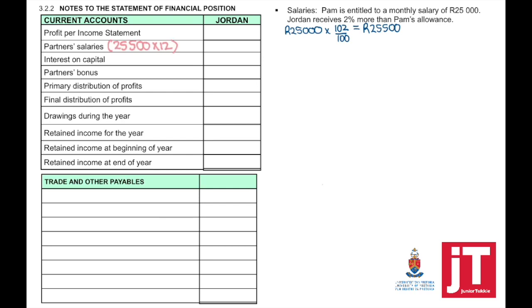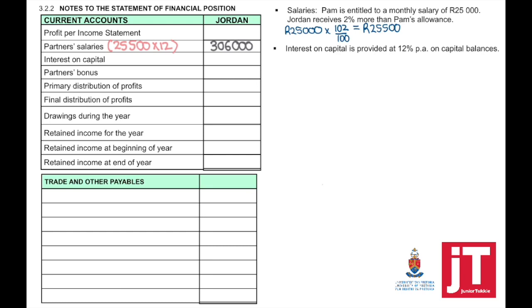But now, very important, they said specifically monthly salary. This needs to be shown as the salary per annum, what the partner is entitled to. That's why we need to times that by 12 to get the partner's salary allowance for 12 months.